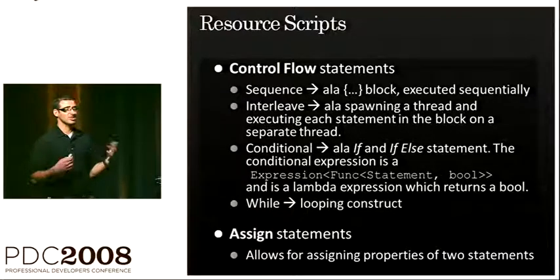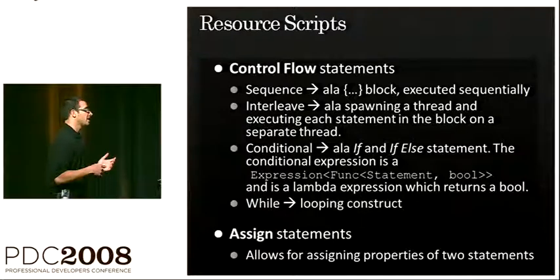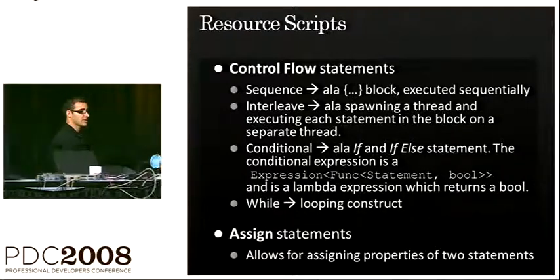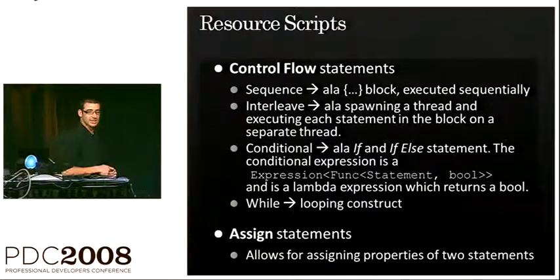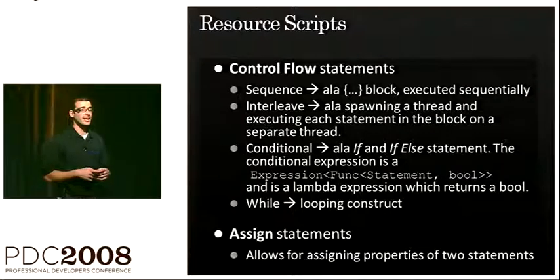We have basic conditionals, essentially like if-else statements you can write inside these programs. There are lambda expressions which return, again, you can also data bind against the results of those, but they return you basically true or false depending on how it executed. We have basic looping constructs. Again, we'll enhance these over time.